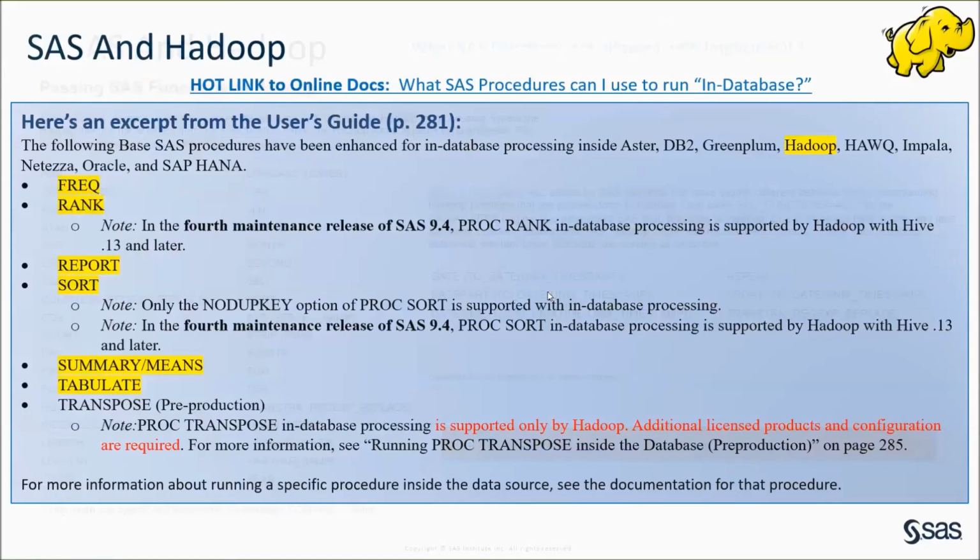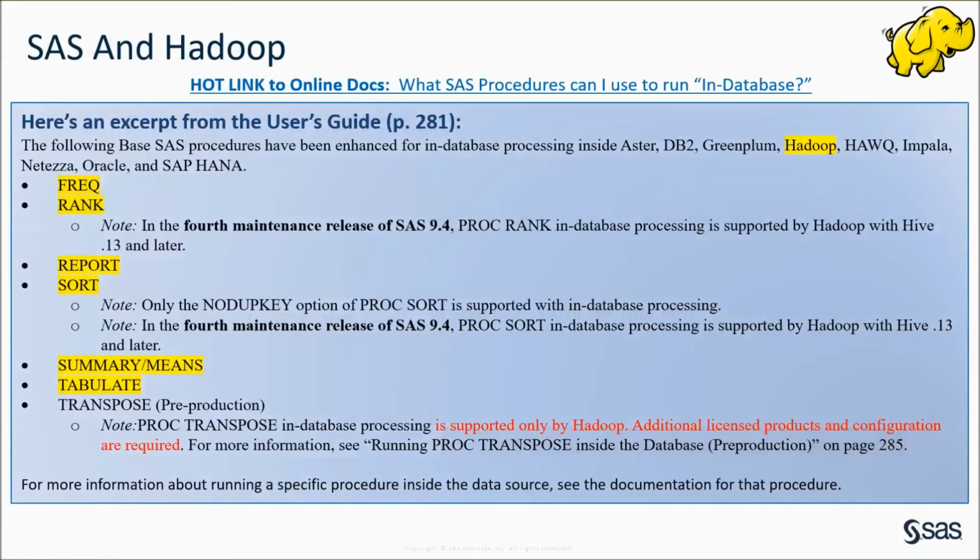This slide is to show the 5 procedures that can be pushed down into the Hadoop cluster for processing. So these 5 procedures: freq, rank, report, summary, means, and tabulate. So 1, 2, 3, 4, 5. I'm not going to mention sort because it really doesn't produce statistics.